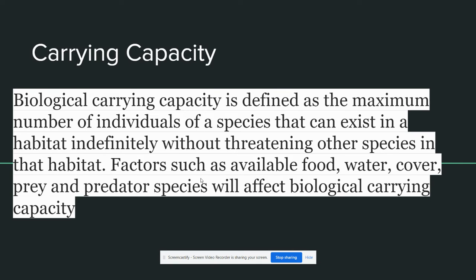So think of an environment as basically how many plants, how many humans, how many of any other animal can exist there based off the resources that are available and the amount of space, and we can put a number on it. If there's numbers on it, then obviously there's going to be graphs with that.